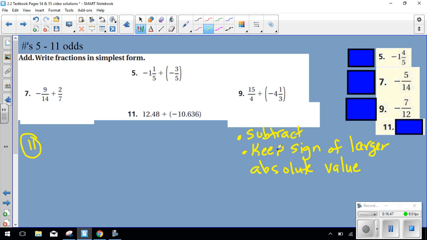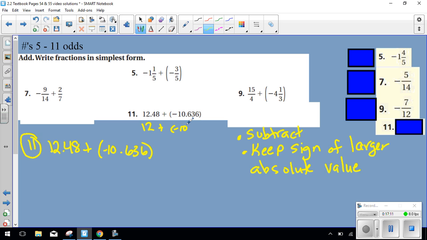Okay, so we're going to take these two numbers, 12 and 48 hundredths, plus negative 10 and 636 thousandths. So just for a minute, look at these two numbers as if they were integers, not decimals. This is a 12 plus negative 10.